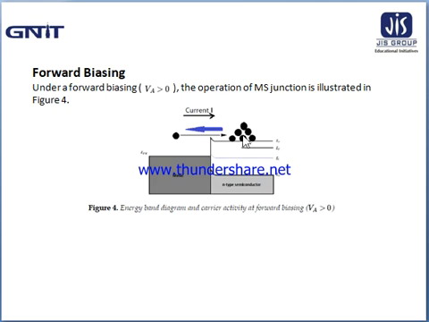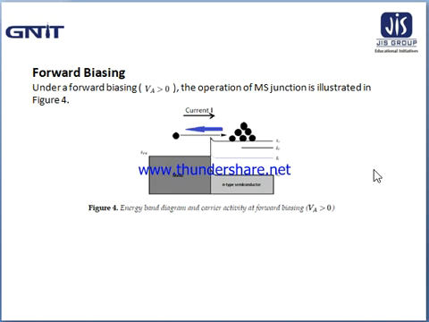Now, if we consider forward biasing, that is VA greater than 0, the operation of a metal semiconductor junction is shown in figure 4.